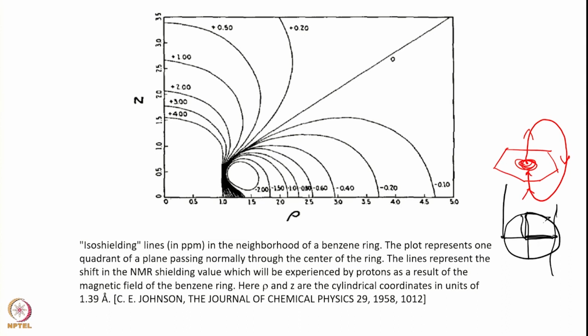If I plot this, the Z axis is going up, and on the right, orthogonal, is the rho axis, and these are the chemical shifts. As you go up along the Z axis, if you are on the top here, then you have positive shifts: plus 4.00, 3.0, 2.0, 1.0.